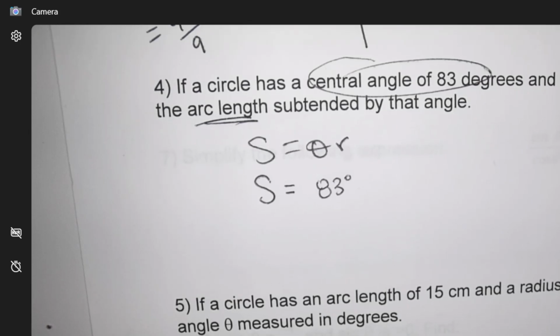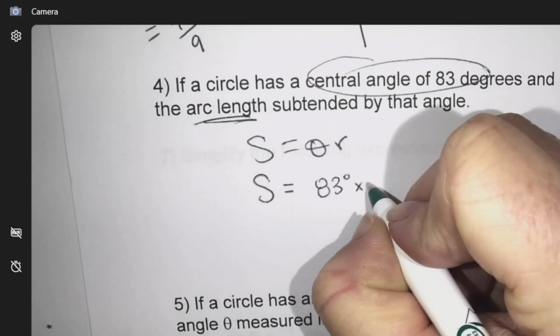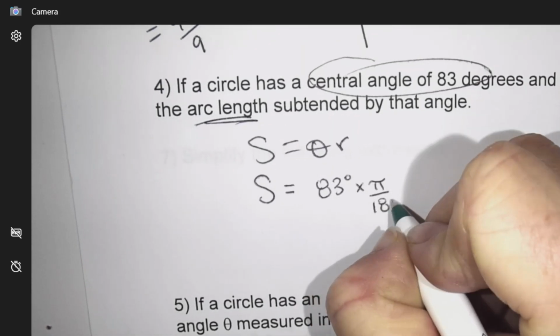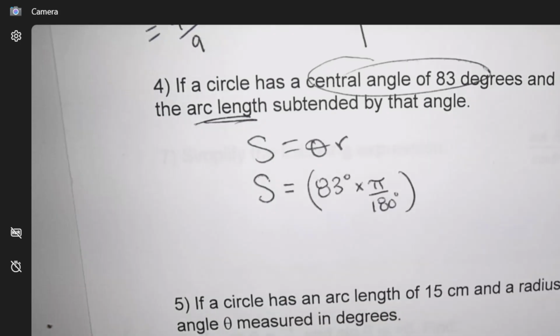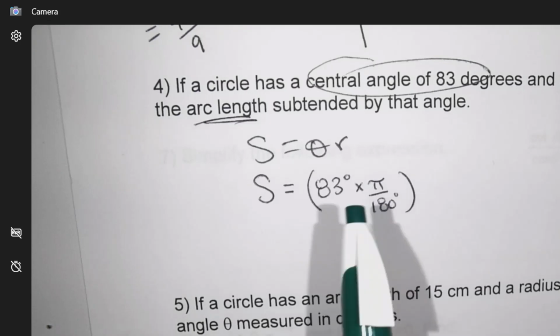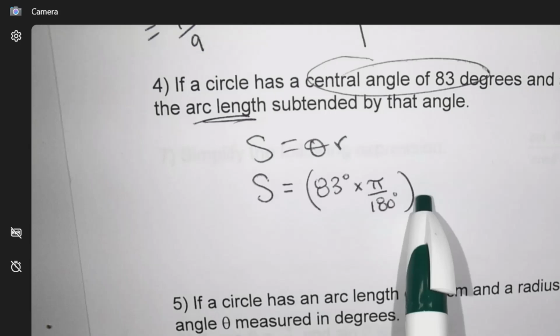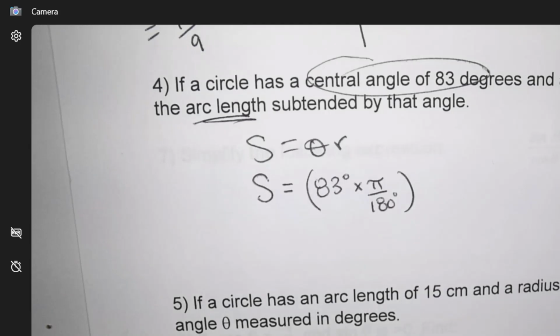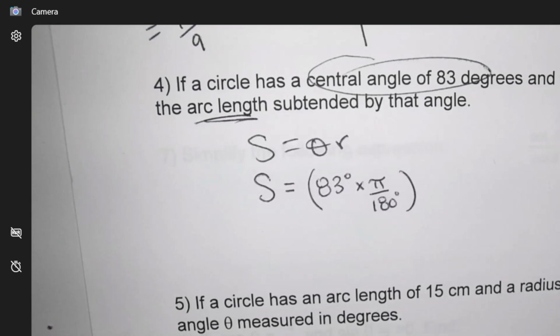I don't really want that. I need to go to radians. So I need to change it to radians. Has to be in radians. And then R is the radius. Did I catch anybody? It's not 20. 10, because this is a diameter.